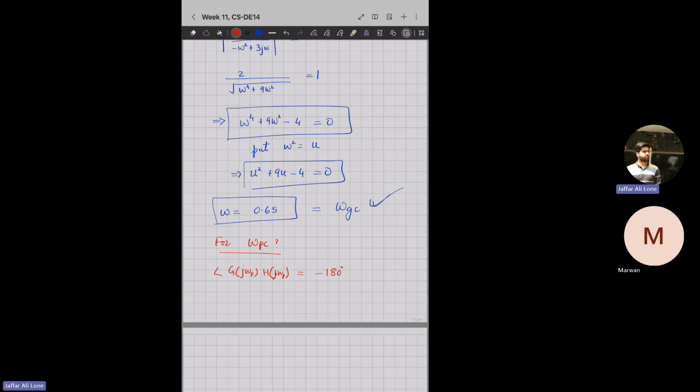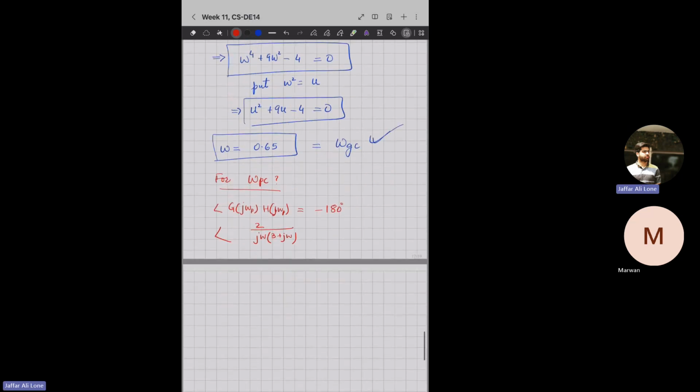You'll just find the angle of 2 divided by j omega into 3 plus j omega. What is the angle? The angle is 0 for the numerator, minus 90 minus tan inverse of omega p by 3, which is equal to minus 180 degrees.